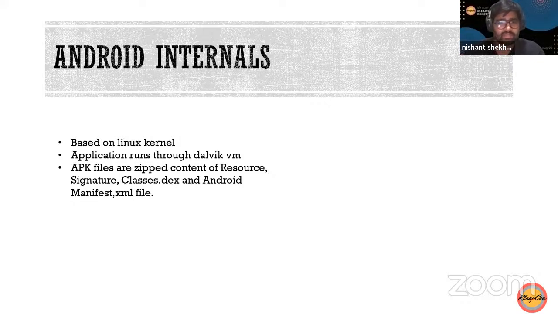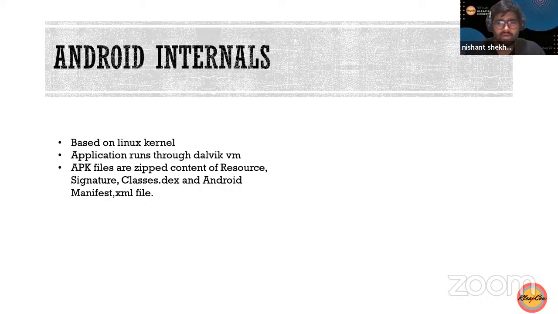The application actually runs on the Dalvik VM. We will discuss Dalvik and other things in later slides. An APK file is actually a zip of files consisting of resources, signatures, classes.dex, and the Android manifest file.